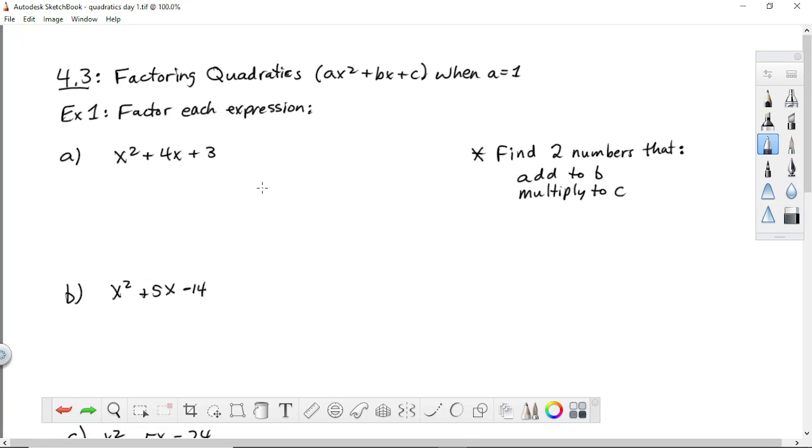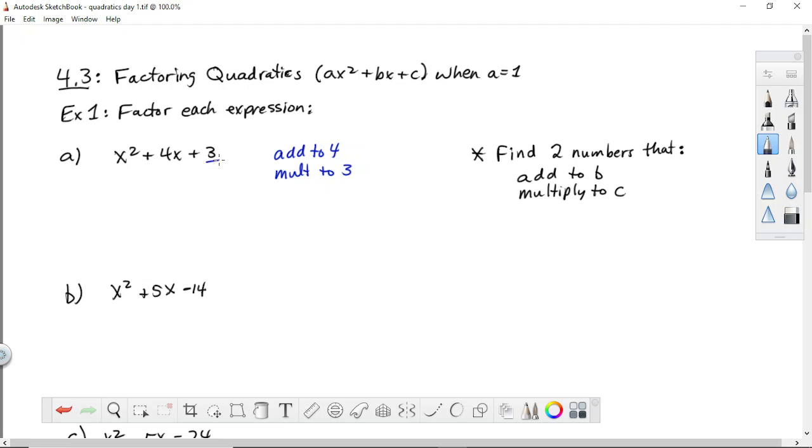So specifically this time, we want numbers that add to 4. Okay, because that is our b. That's the coefficient of x in our quadratic. And so we want numbers that add to that and multiply to 3.